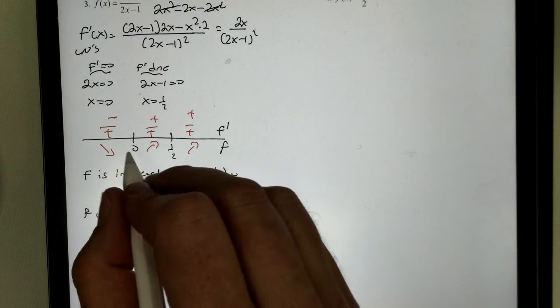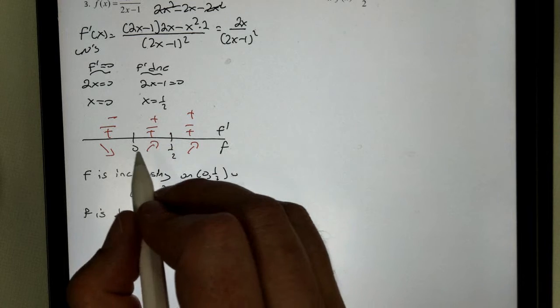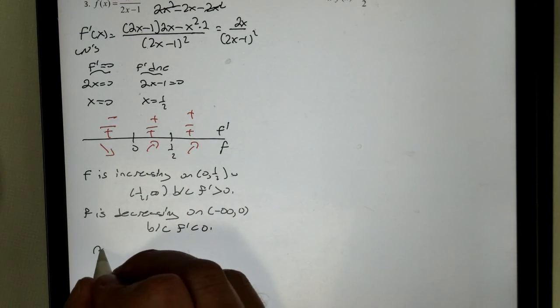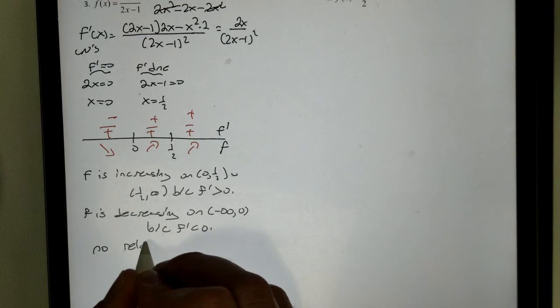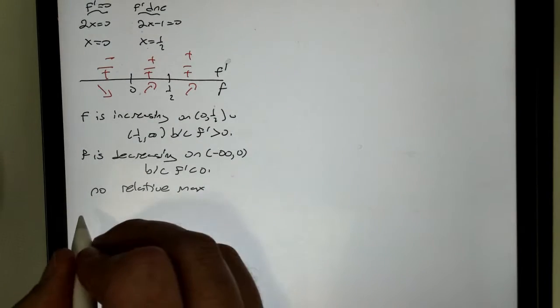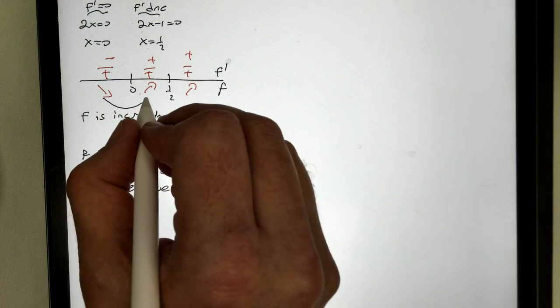Do we have a relative maximum? Notice, the slope never goes from up to down. We never go from positive to negative. So we can say that there is no relative maximum. The slope doesn't change like that. But we do have a relative minimum at 0. I can see that. Take a look. It goes down and then up.